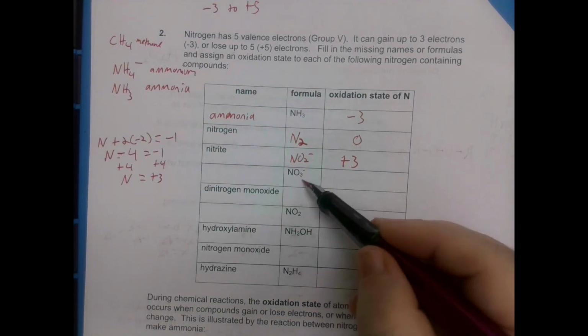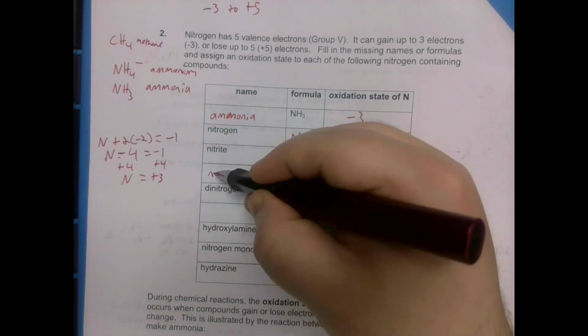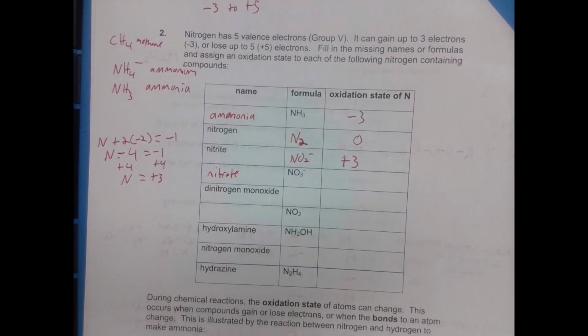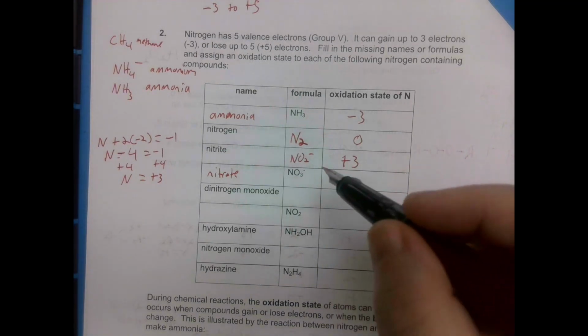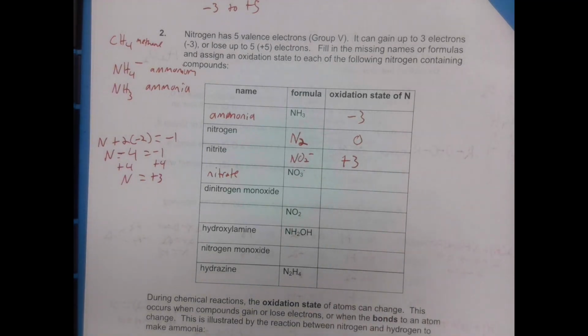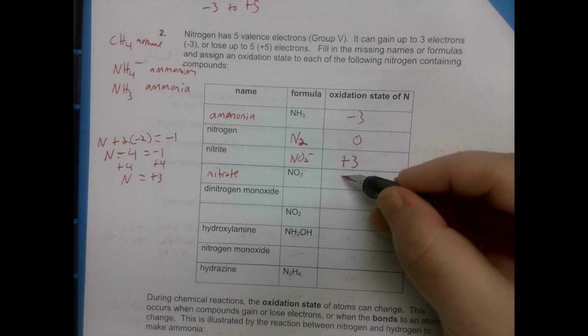What is this called? Nitrate. It's the O3 oxyanion of nitrogen. So it's an 8. And what is the oxidation state? +5.